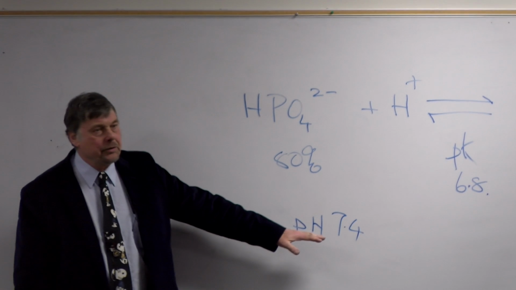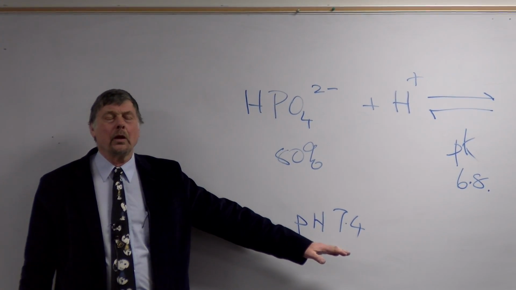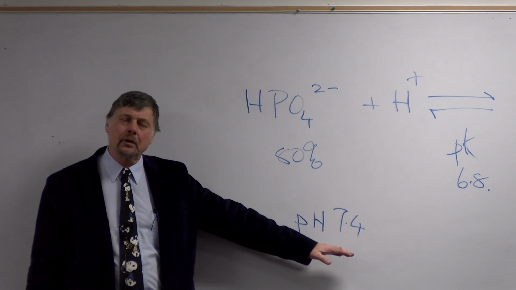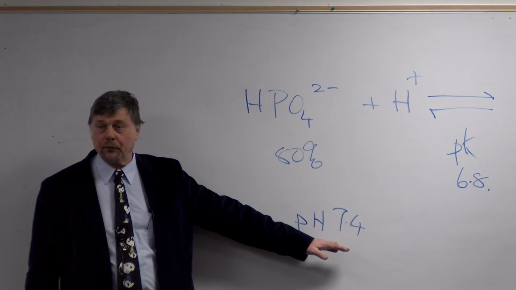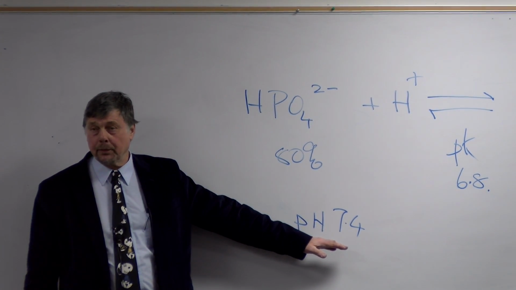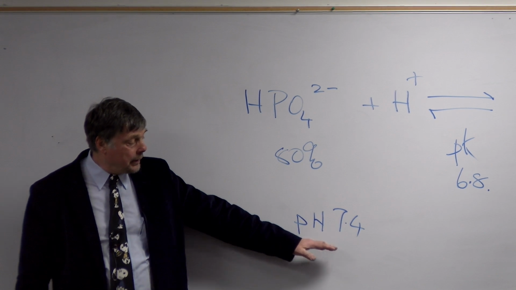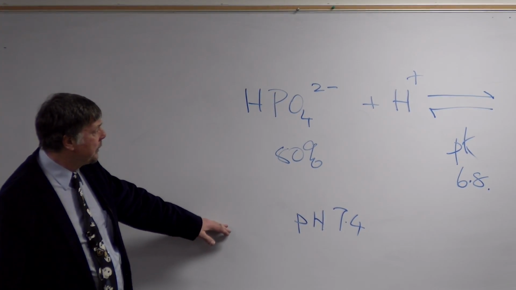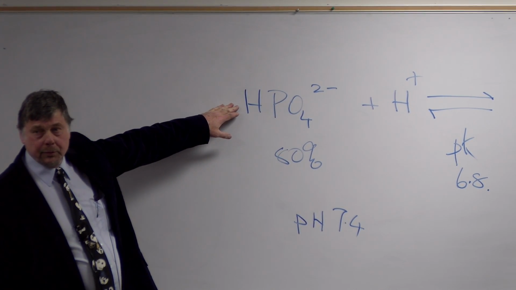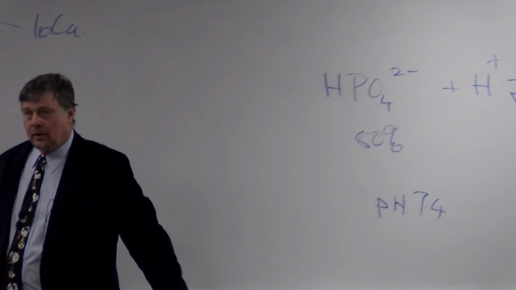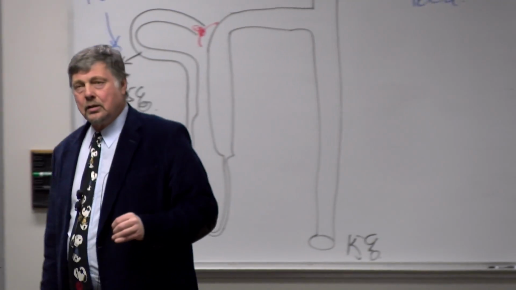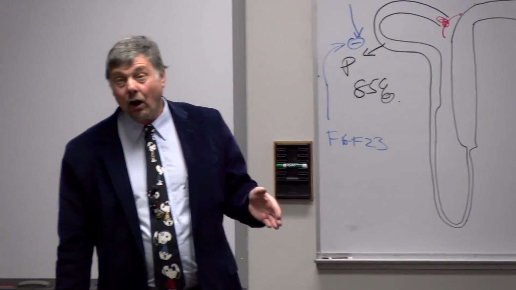So initially, when you filter the plasma, it's probably about pH 7.4 in Bowman space. So in Bowman space, most of it's this. This gets reabsorbed pretty well. As you go down the proximal tubule, the pH can actually drop a little, but not a lot.